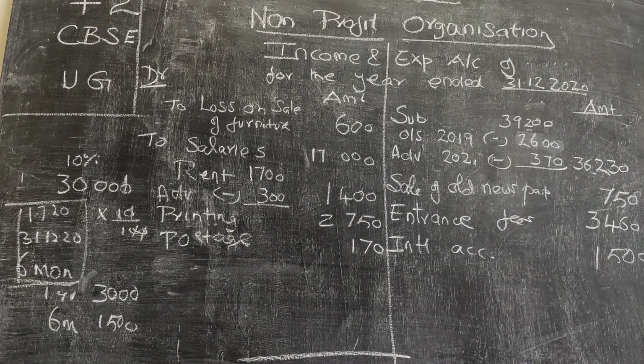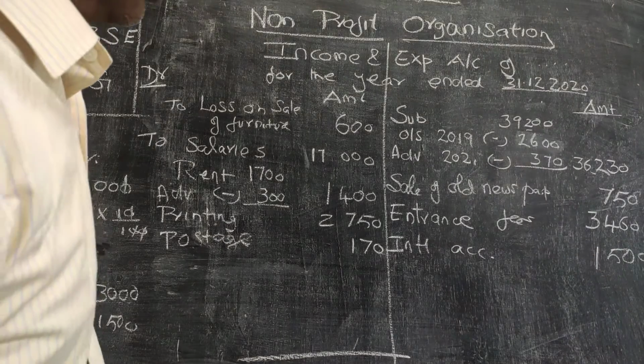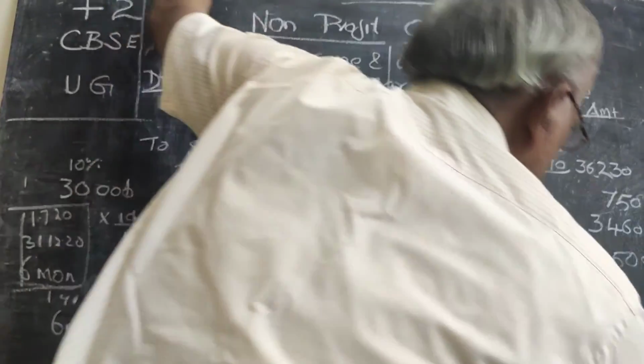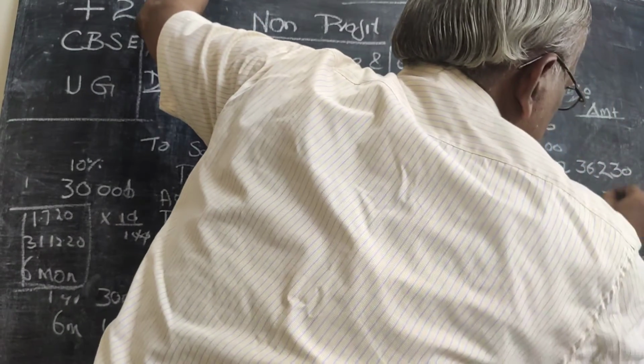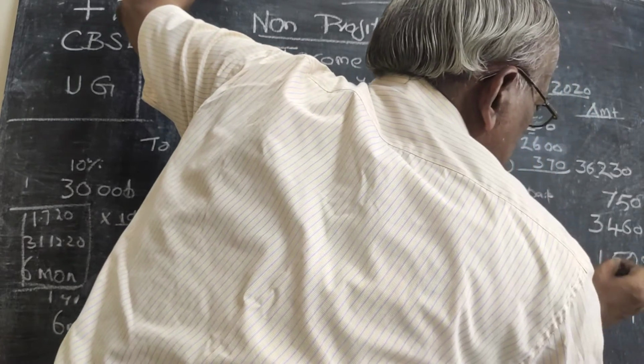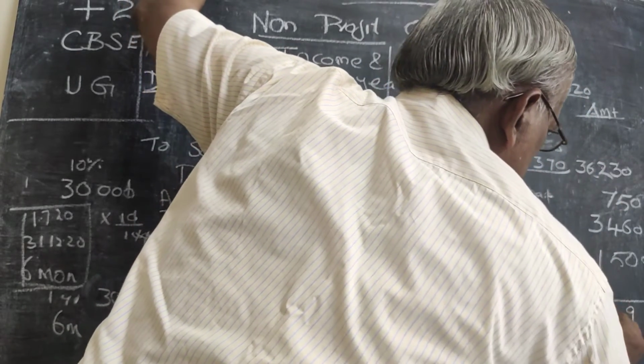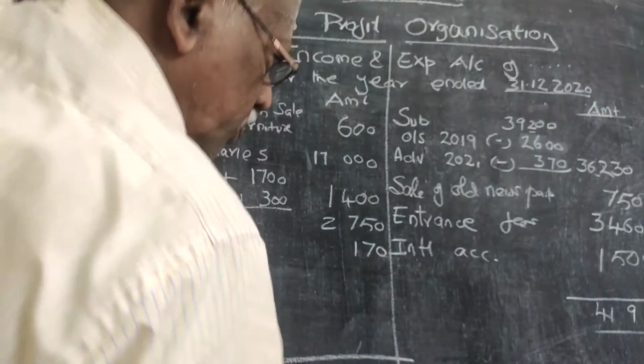Now we have taken everything. Check up once again whether everything is taken properly. Then we can go for the totaling and balancing the figure. Just rough look says that the receipt side is more. So get the total. 9 and then 2 plus 3, 5 plus 36, 41,940.